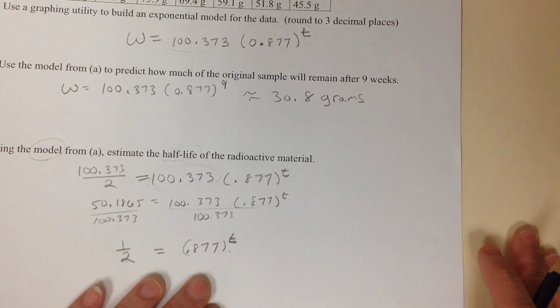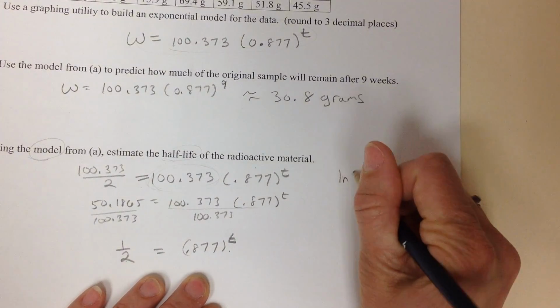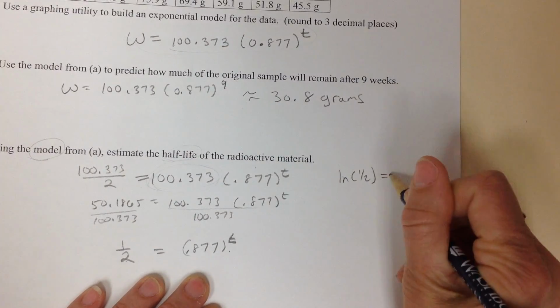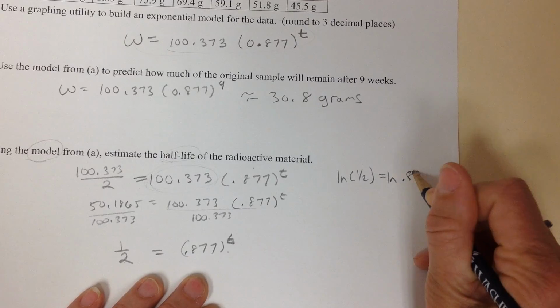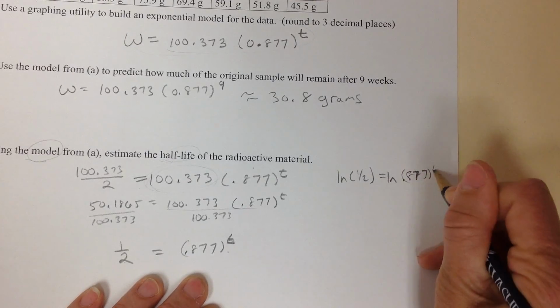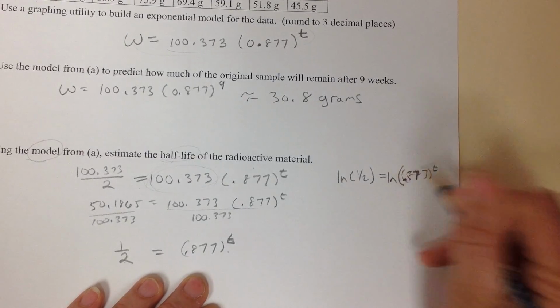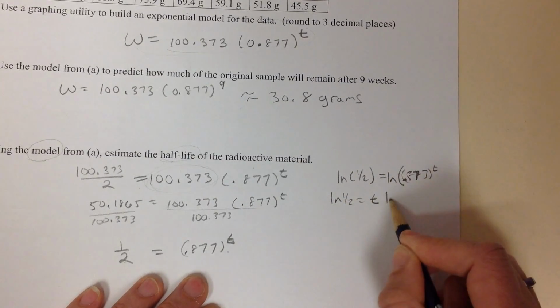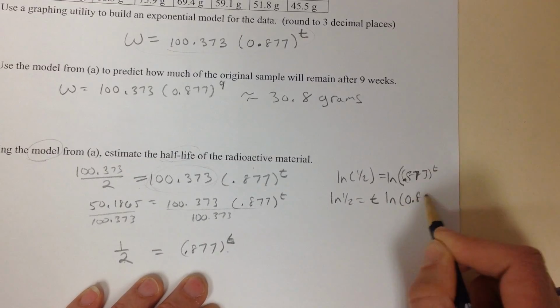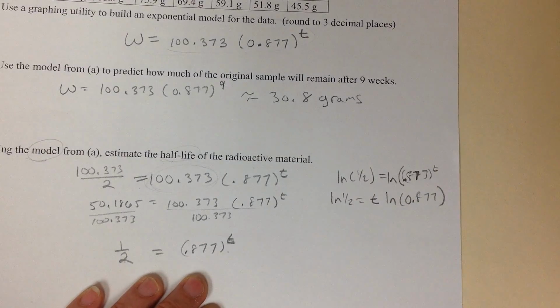It's an exponential equation, so I'm going to use logs. The natural log of a half equals the natural log of 0.877 to the t. Now log properties, that exponent t comes out in front. Let me make that 0.877 so it's a little clearer to see.